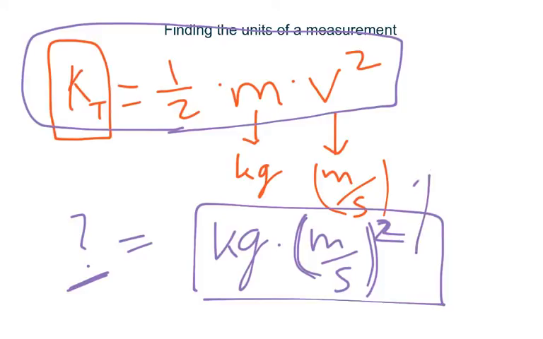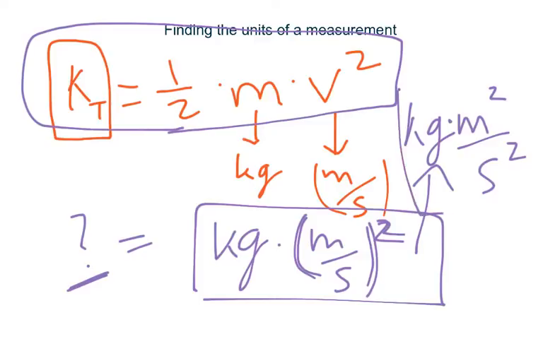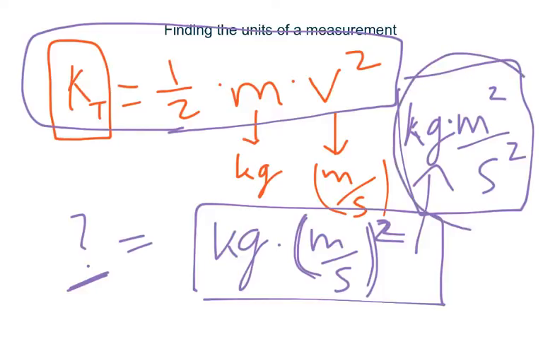If we want to simplify this, we can say kilogram meter squared per second squared. And let's put that multiply sign right there to not be ambiguous. These two mean exactly the same thing. So this unit, which is all written in the SI units, by the way, is equal to the unit for energy. Incidentally, the unit for energy is known as a joule.